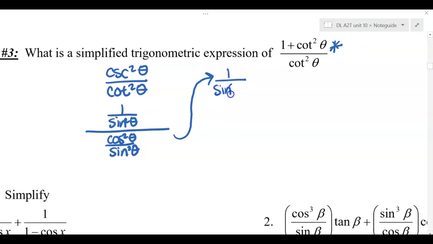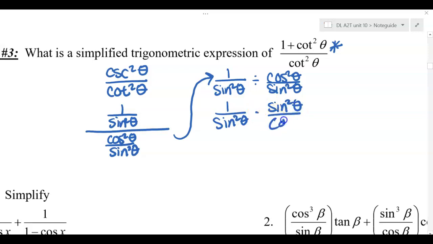So I have 1 over sine squared theta being divided by cosine squared theta over sine squared theta. And I'm going to actually do this division, so I'm going to multiply by the reciprocal of that divisor. Notice when I do that, I have a sine squared factor that can cancel out, leaving me with 1 over cosine squared.